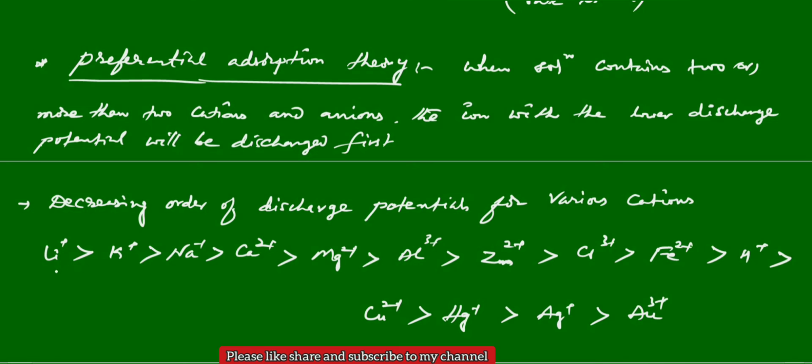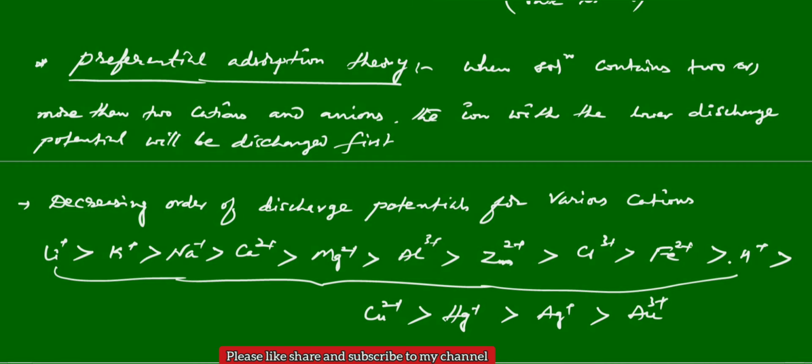So all these cations which are above hydrogen in the electrochemical series, if there is a competition between these ions and hydrogen, then hydrogen is preferably discharged, or hydrogen can liberate at the cathode. Why? Because hydrogen has a lower discharge potential value. This is according to the preferential adsorption theory.